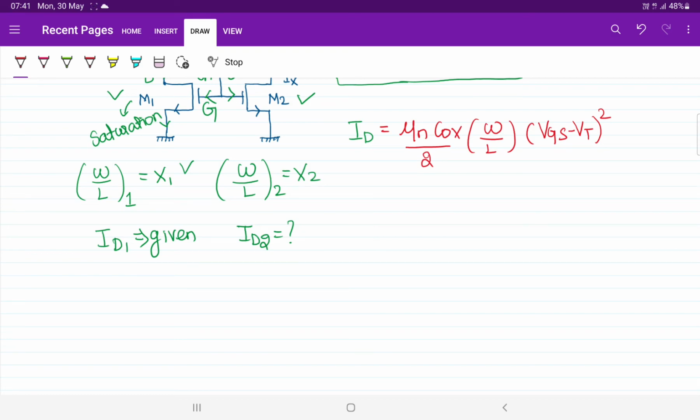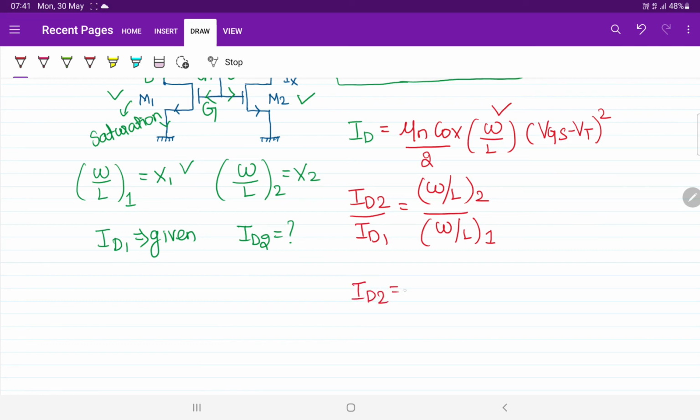Since they told that the change is only in W by L, and other parameters are constant, I can write ID2 by ID1 equals the ratio of W by L values, as in ID2 and ID1 the only varying parameter is the W by L ratio. So when they give different values, by substituting those two values, you can directly write down the answer for ID2. I hope you all got the conclusion.